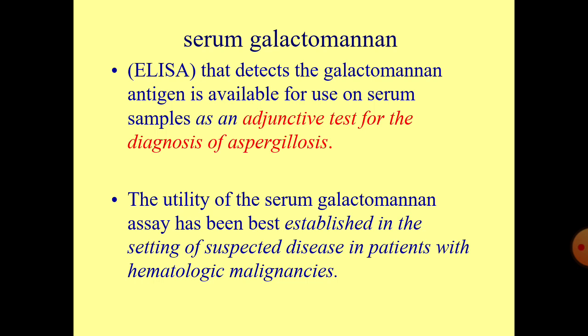It is difficult to get a tissue biopsy from these patients. So most of the time we depend on a blood test, a serological test, which we call the galactomannan antigen, which is available in the serum.